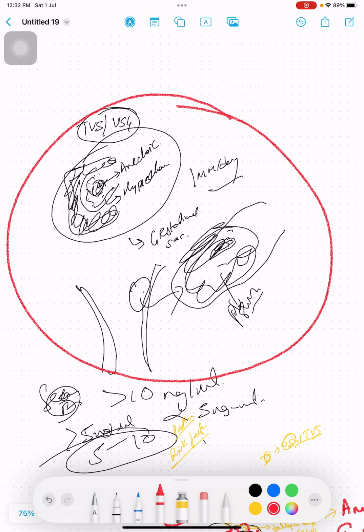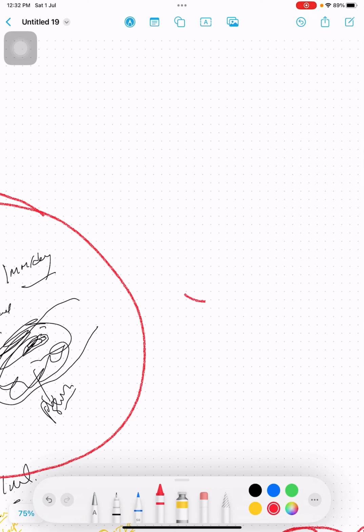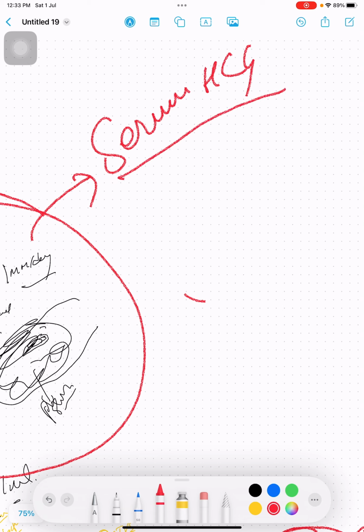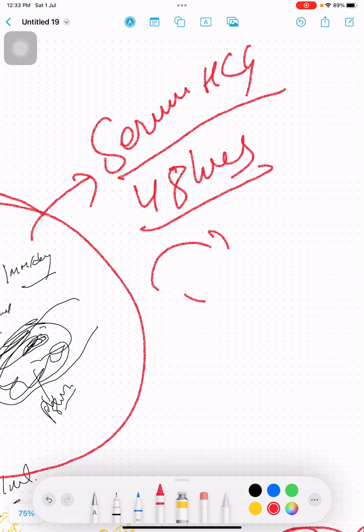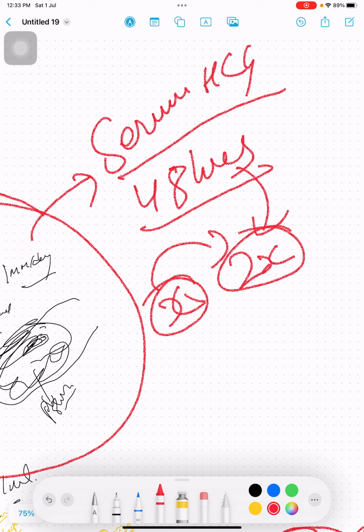If the radiologist can't look into the gestational sac or the pseudosac properly and there's a biased result, we can go for serum HCG. Normally the serum HCG doubles in 48 hours. If it was X, it will be 2X in 48 hours.